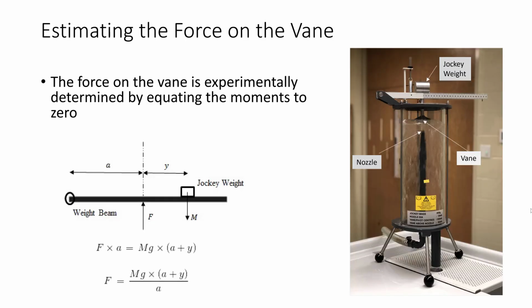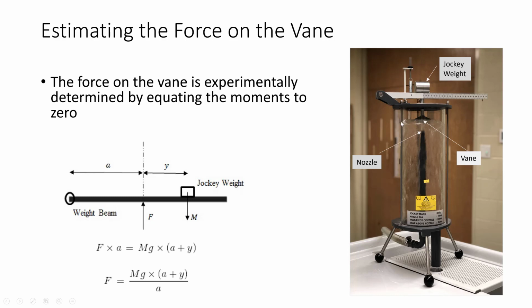And in our experiment, what we want to do is experimentally determine what that force is that's acting on the vane, and then compare it to theory. So what I show here is a vane, which here is a flat plate, and a nozzle. The water comes in from the reservoir and travels, and as the cross-sectional area goes down, the velocity goes up, and there is a jet that is shot out of that nozzle.